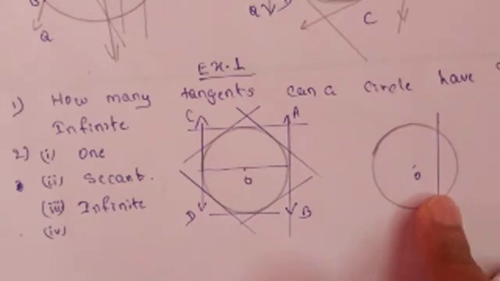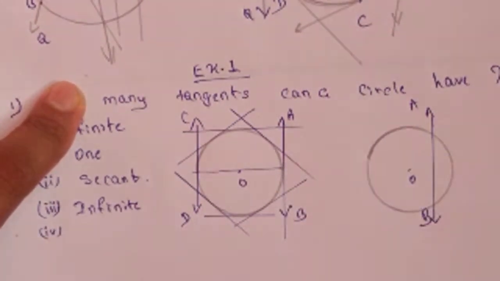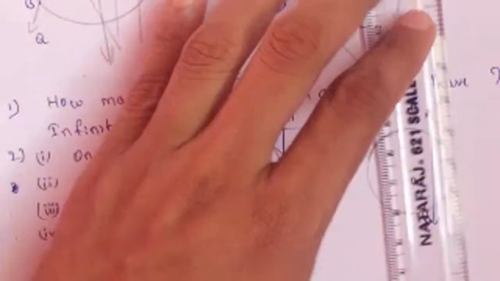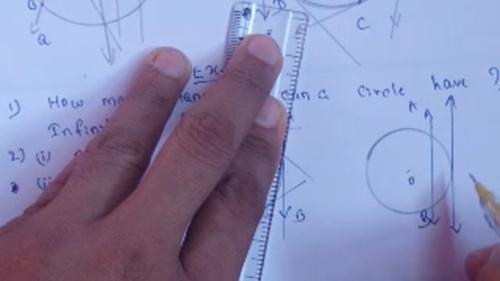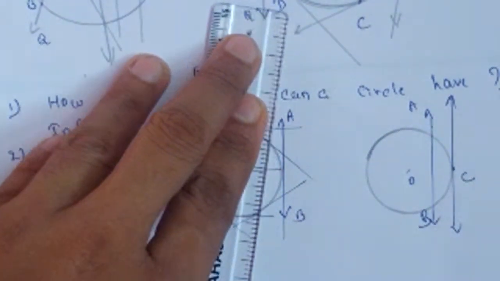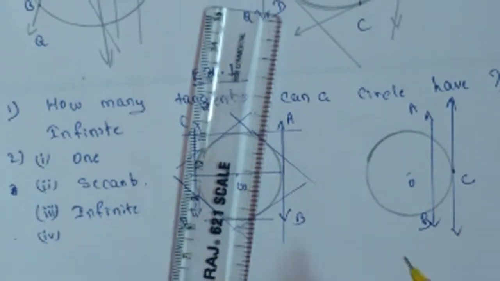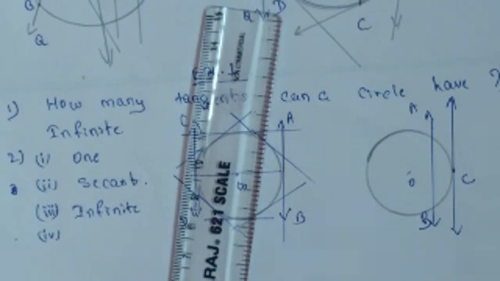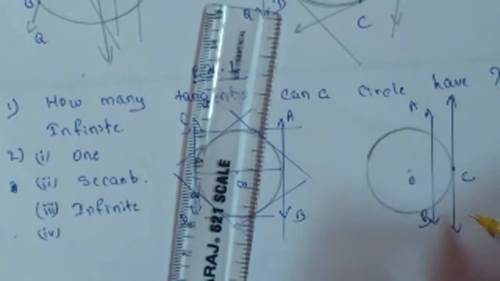So I will consider this circle. So here AB is the secant, O is the center. I will draw one tangent. I will call this point as C. So in this question they ask that, I will read the question once again, the common point of a tangent to a circle.